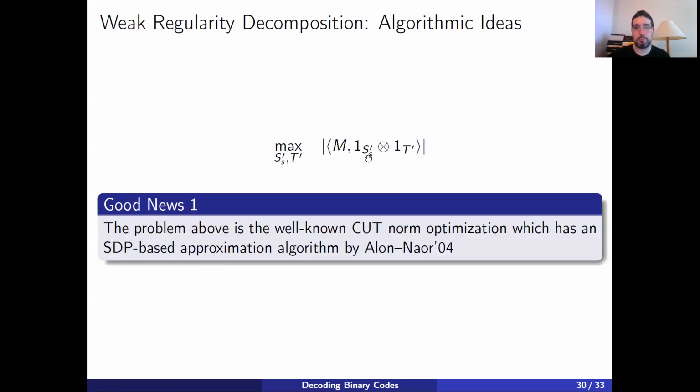And what we have here, we can interpret it as a matrix, as a 2 tensor again. And that's very good, because when you look at this problem, seeing M as a matrix and trying to find the best cut matrix for this inner product, this is a well-known problem. This is a cut norm optimization problem. And it has an SDP-based approximation algorithm by Alon and Naor. So that's great.